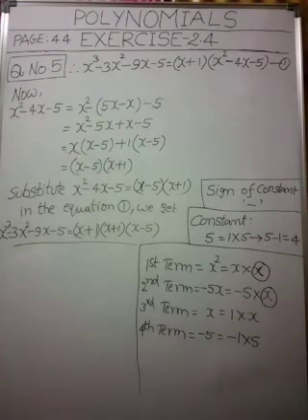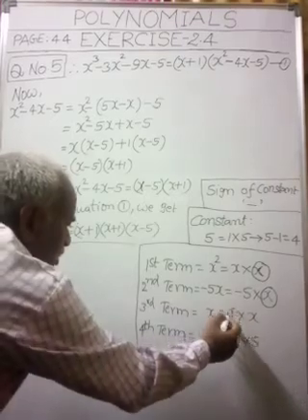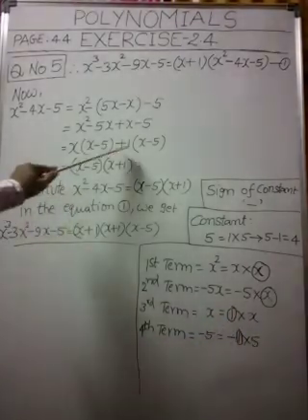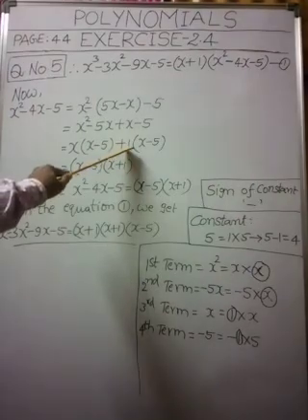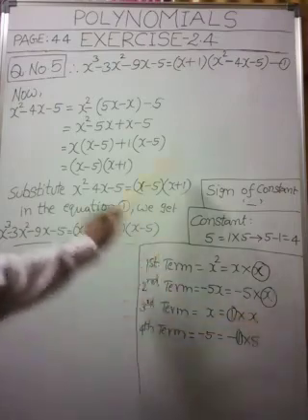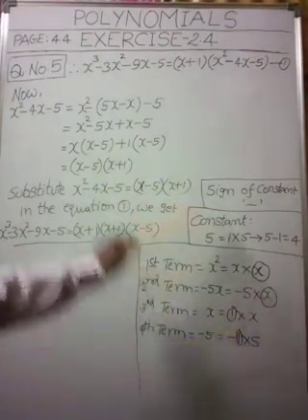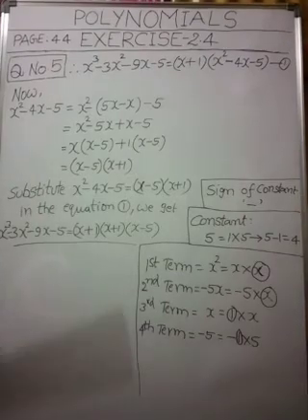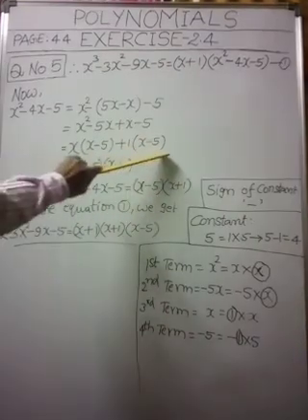Right. Now from the third term and fourth term, 1 is a common factor. So plus 1 is a common factor. By taking the plus 1 common factor, we get here x, here minus 5. Understood this second term, my dear children? Right. This is the first term and this is the second term.